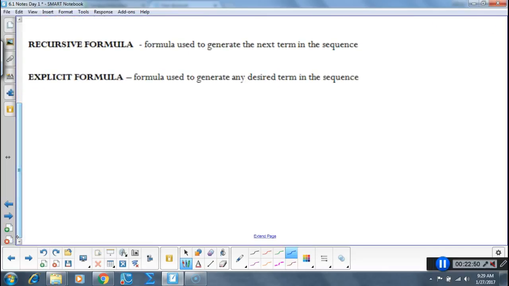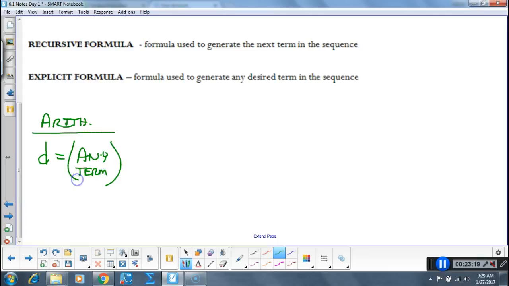In an arithmetic case, D is any term minus the term right before it.